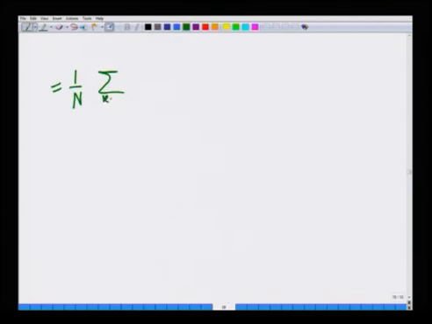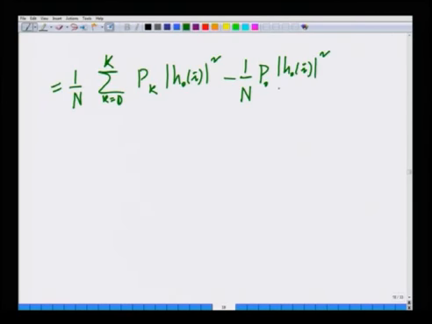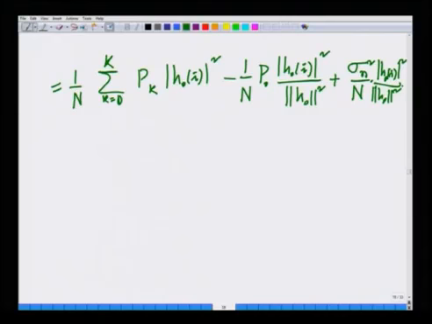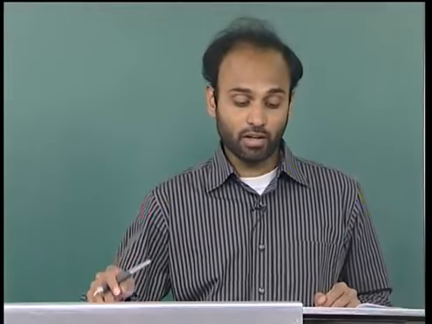So, finally, what you can write, simplified, is summation k equals 0 to capital K P_k magnitude h_0i square, minus 1 over n P_0 magnitude h_0i square divided by norm h_0 square, plus sigma_n square over n times magnitude h_0i square divided by norm h_0 square. Alright, so this is the net expression that we have for the interference on the ith branch.